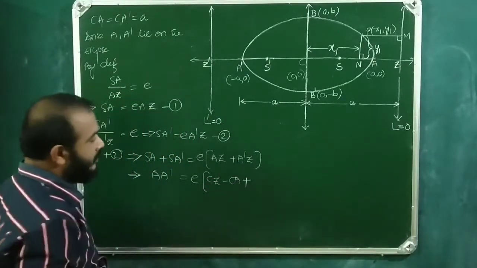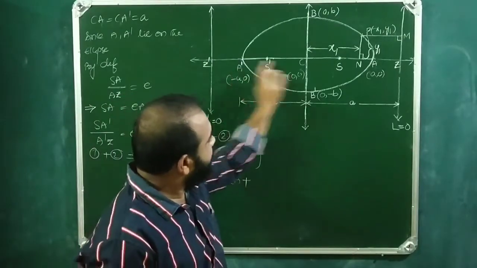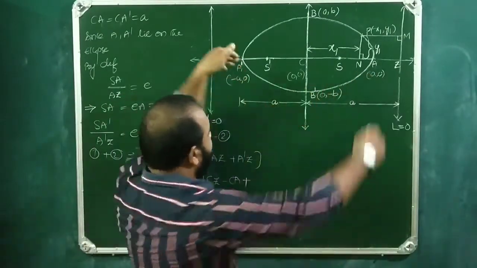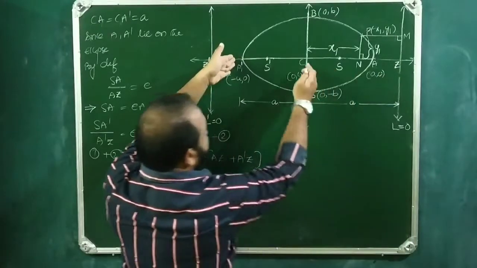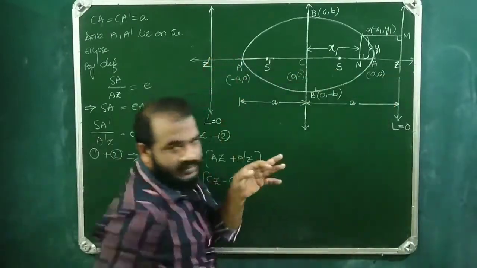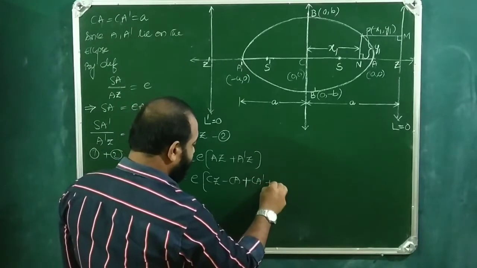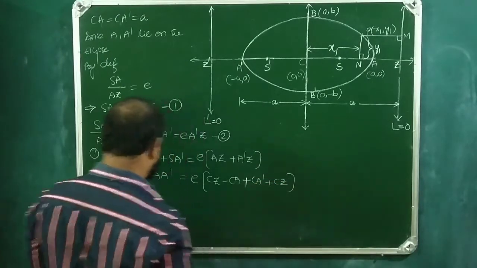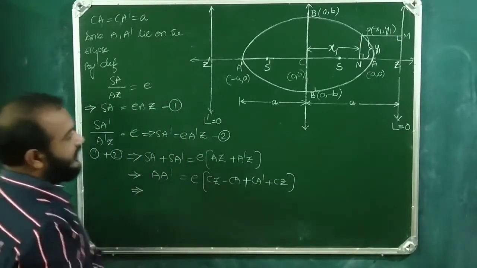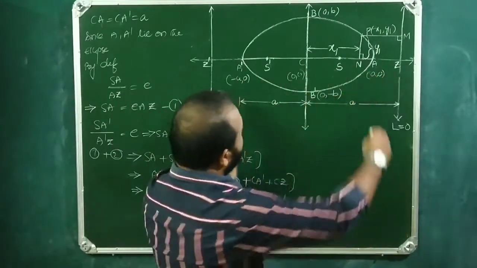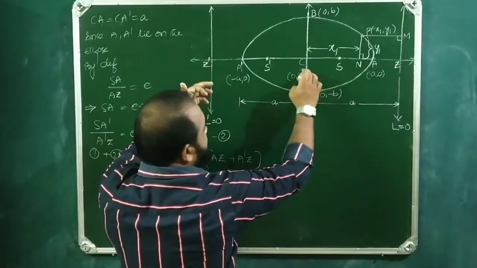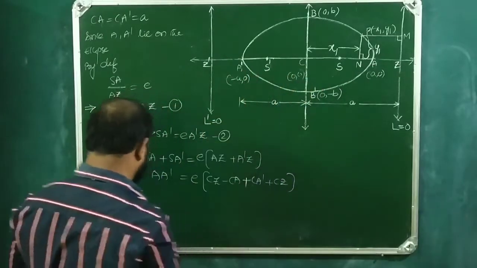Total CZ minus CA is AZ only. So CZ minus CA plus A dash Z is CA dash plus CZ, and here A A dash is nothing but CA plus CA dash.